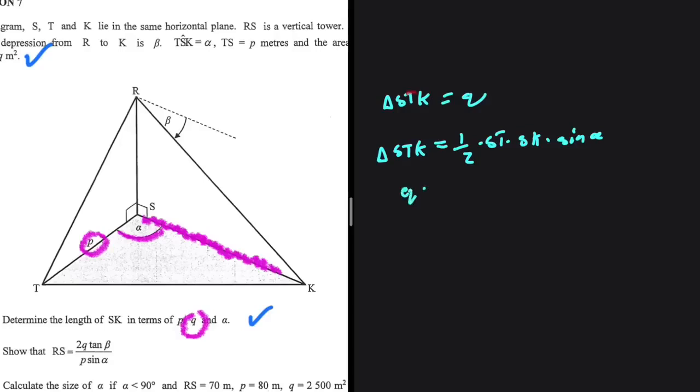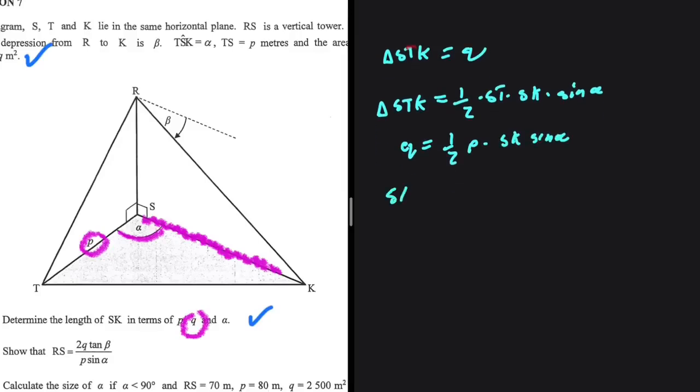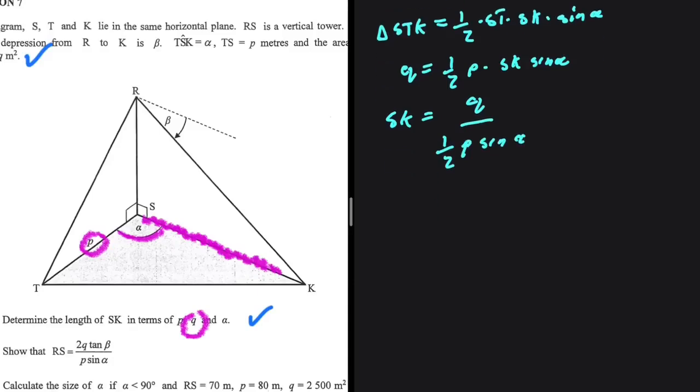We know it to be Q. A half. What is ST? ST is P. SK is what you are interested in, sine of alpha. It should be easy to see that SK will be equal to Q divided by 1 divided by 2 P sine of alpha. This is obviously equal to 2Q divided by P sine of alpha.